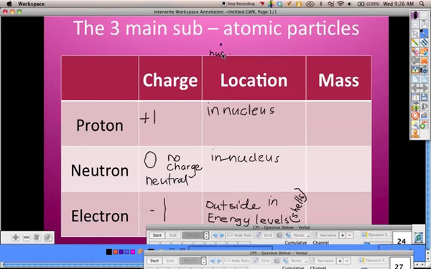The average size of the atom then would be out to the final length of 20 meters. So we have this teeny tiny pinhead, and 20 meters is the size of this. And we don't have a whole lot of electrons there, which means an atom is mostly empty space.